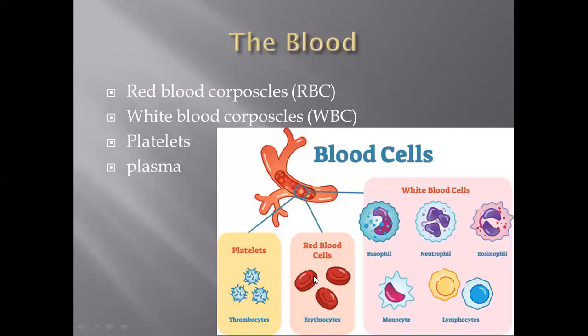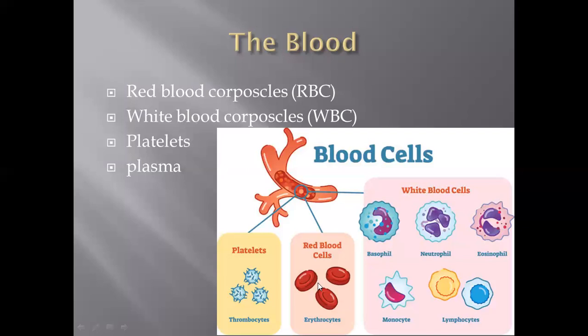So these are the red blood corpuscles. The RBC or red blood corpuscles are red in color due to the presence of hemoglobin. Hemoglobin binds with oxygen and helps in carrying the oxygen. So hemoglobin is present in RBC, red blood cells.